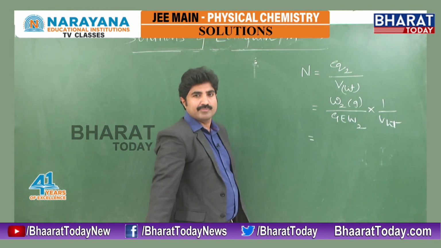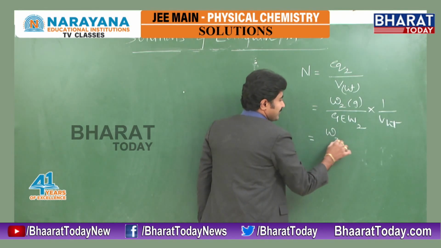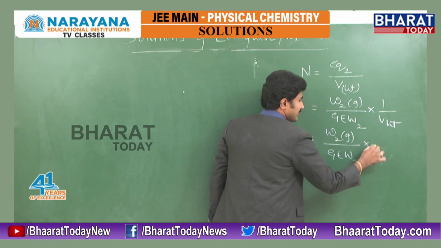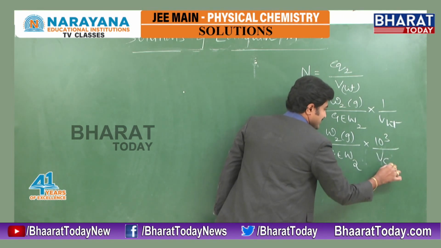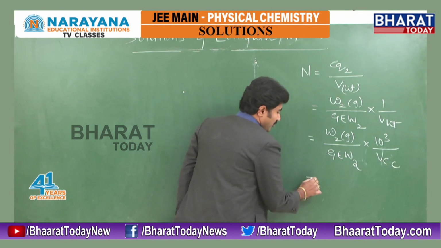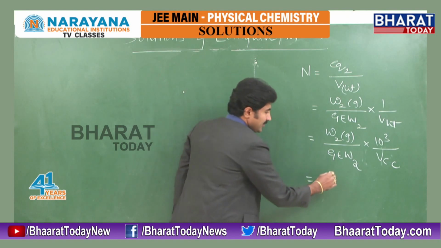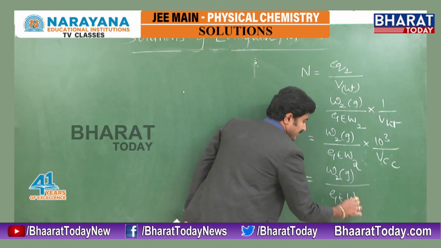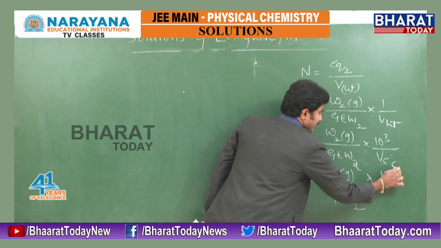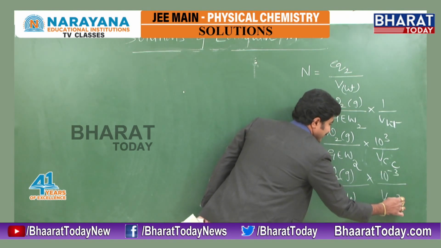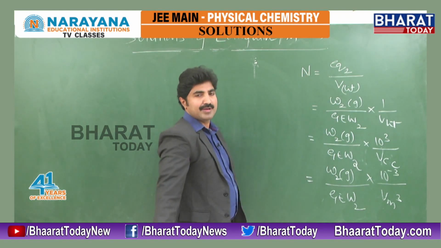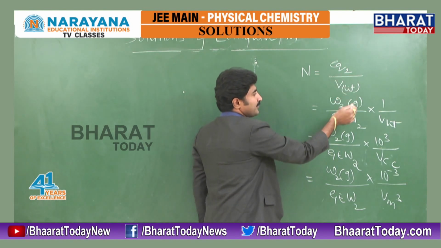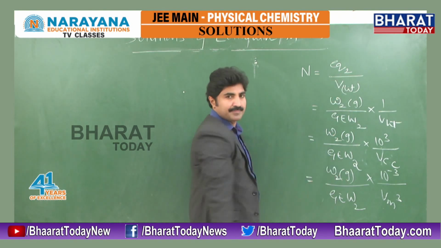Suppose if you convert volume of the solution to cc, this is the weight of the solute in grams by gram equivalent weight of the solute into 10 cube by volume in cc. Suppose if you convert volume of the solution to cubic meter, this is weight of the solute in grams by gram equivalent weight of the solute into 10 power minus 3 by volume in cubic meter. So these are the normality expressions in different terms, equivalents and volume, weight and volume terms.